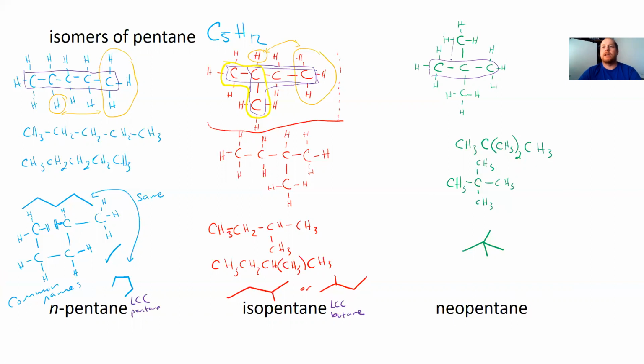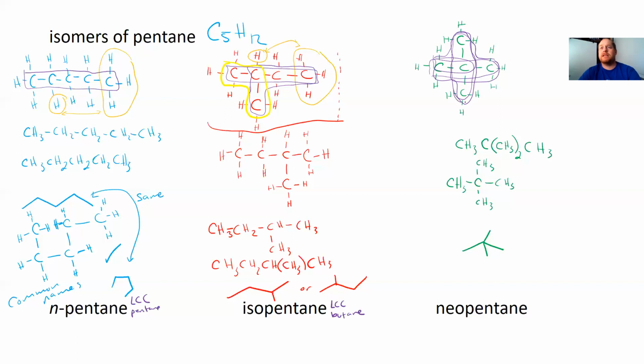So we could have a longest carbon chain this way that was 3 carbons long. We could have a longest carbon chain that was this way, 3 carbons long. We could have one that was this way, 3 carbons long. So you can have longest carbon chains that take a different route through that molecule.